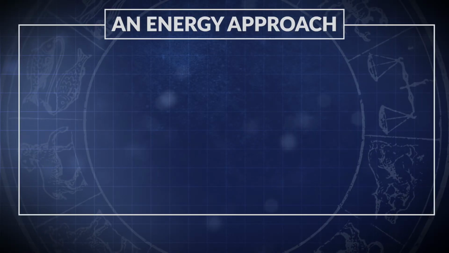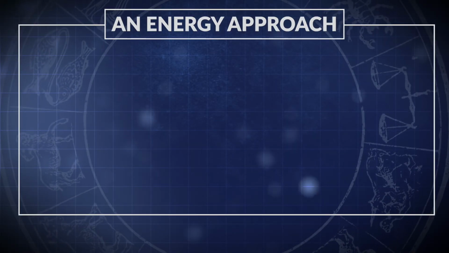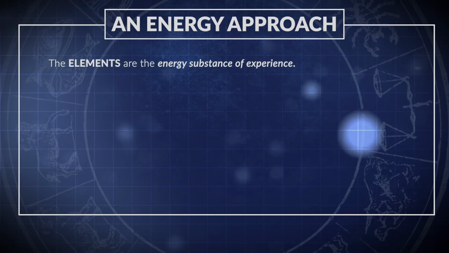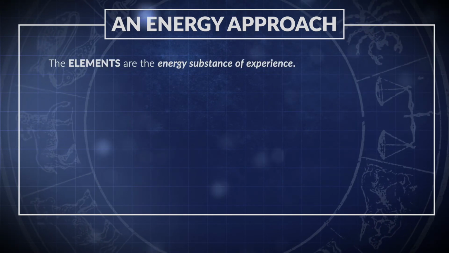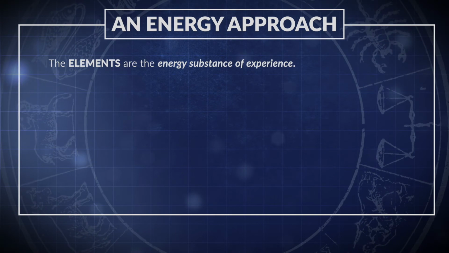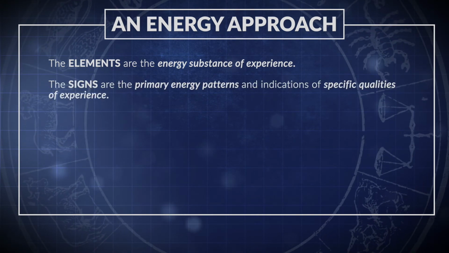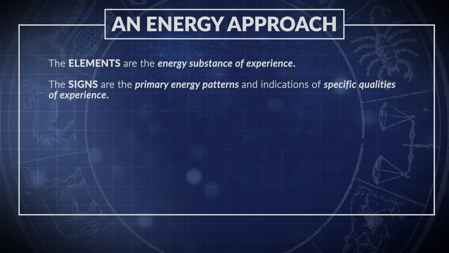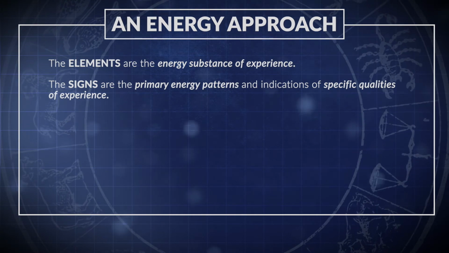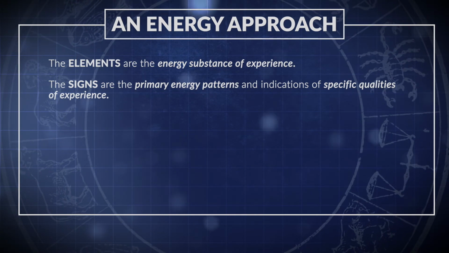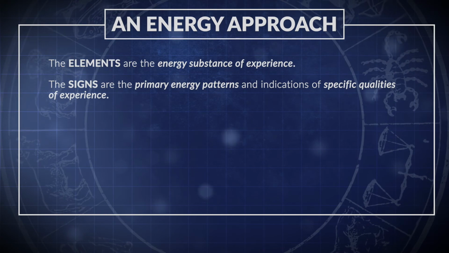So let's try that. Okay, let's start with elements. Let's define the elements as the energy substance of experience. And we can define the signs as the primary energy patterns and indications of specific qualities of experience.